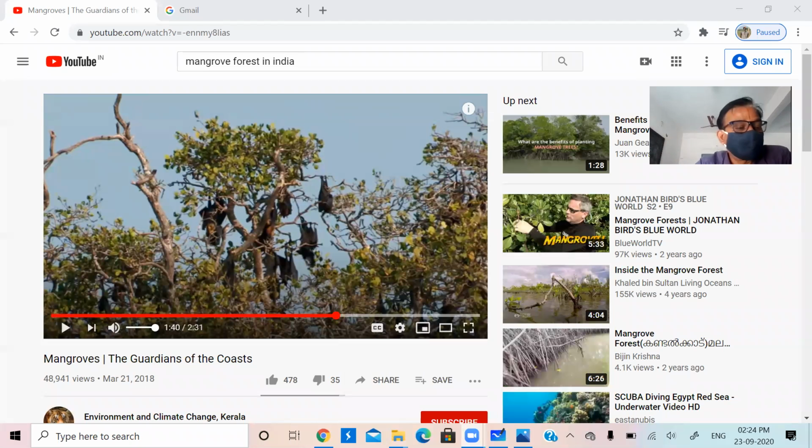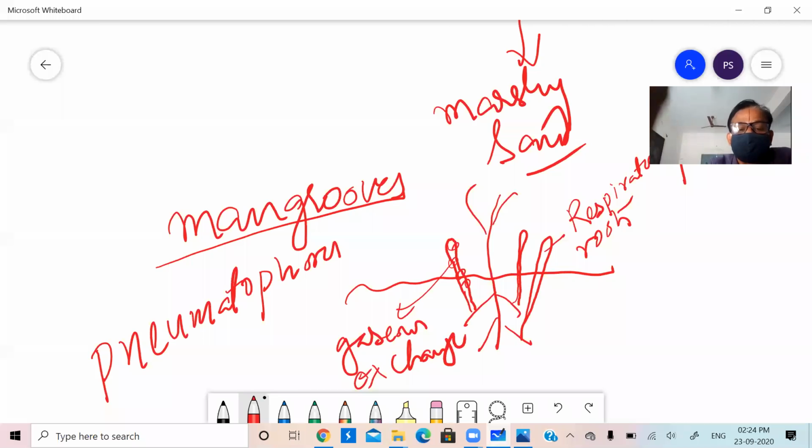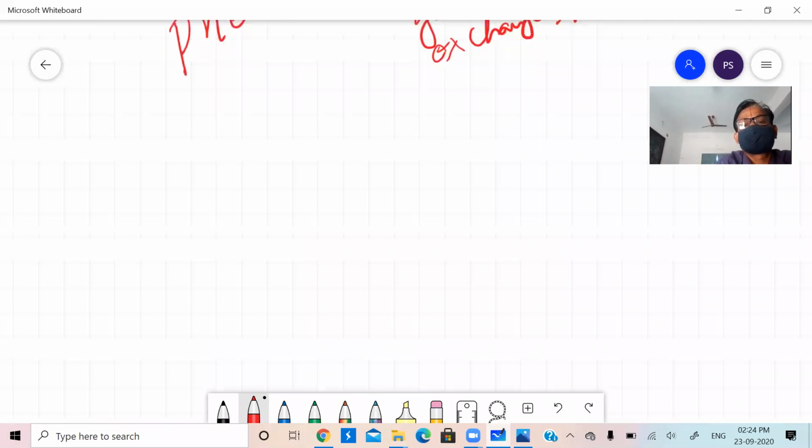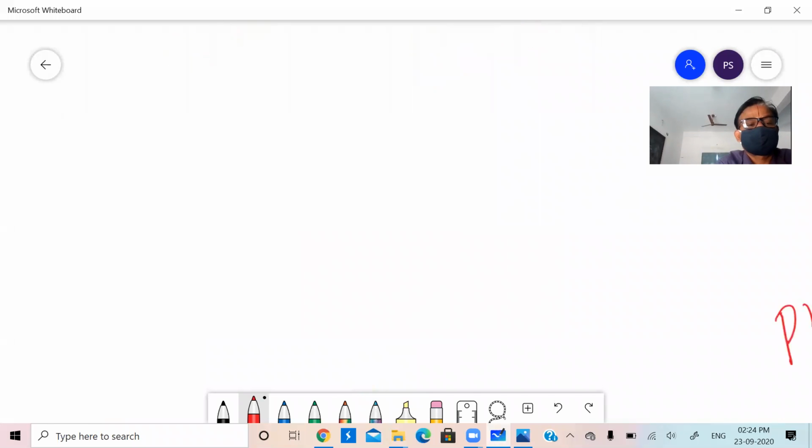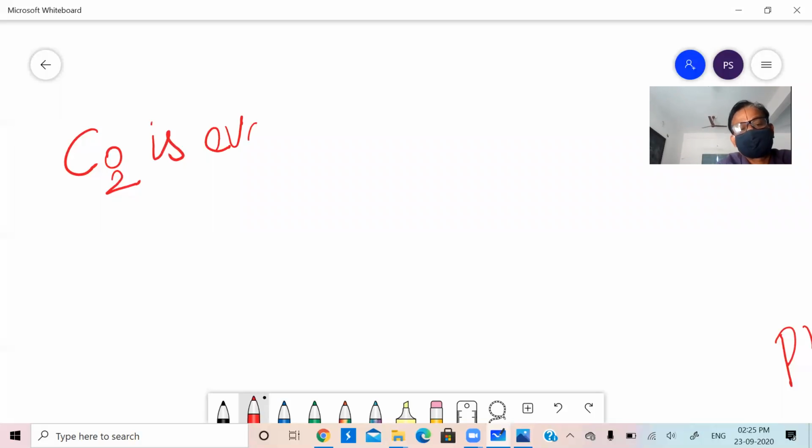Then one more important aspect is there are some experiments. We have to see the experiments. The first one is carbon dioxide is evolved during the respiration.